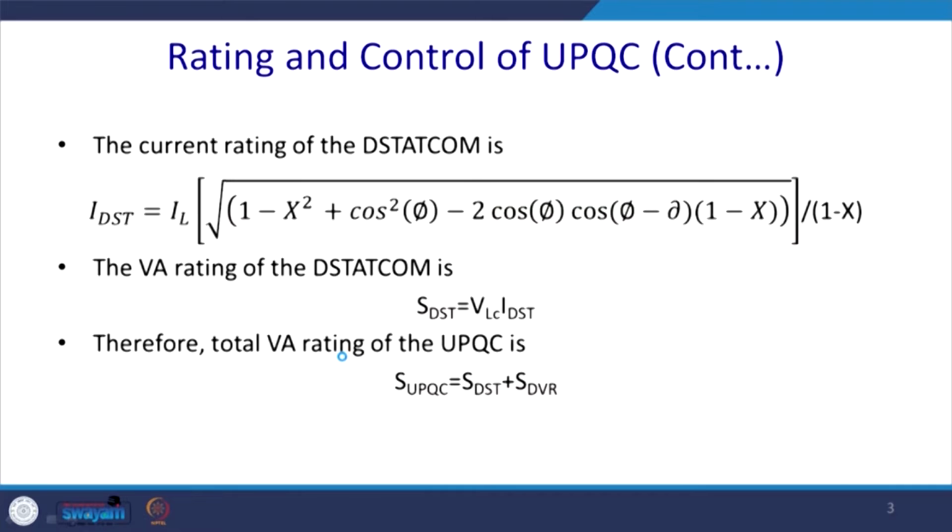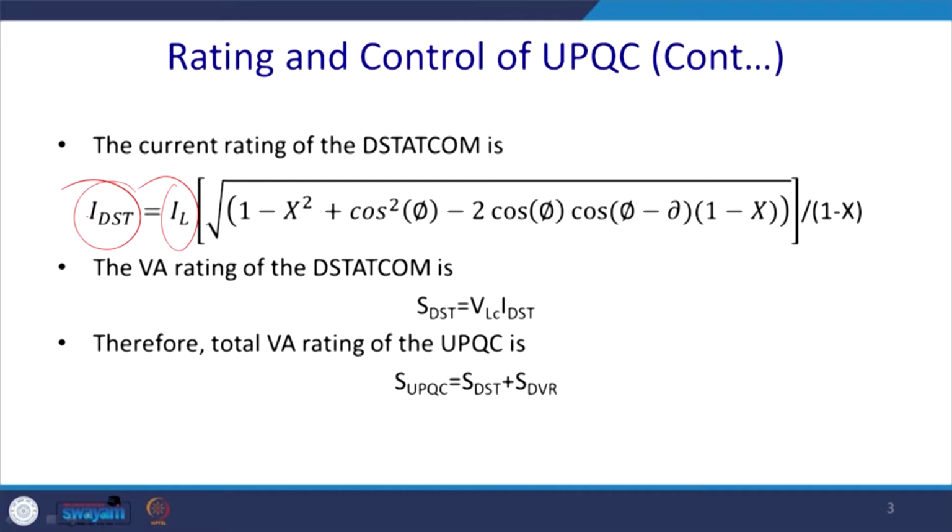Now, let us talk about the current that is being injected by the shunt part of the device. Let us assume, as in the previous case also, the load current is IL.